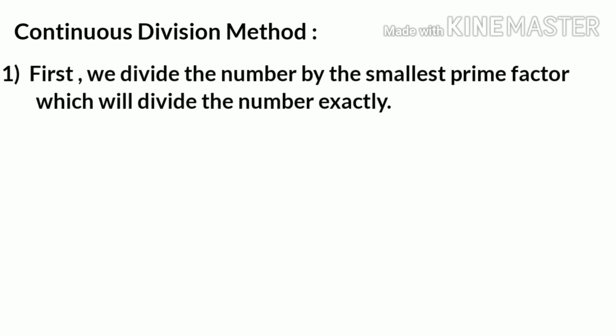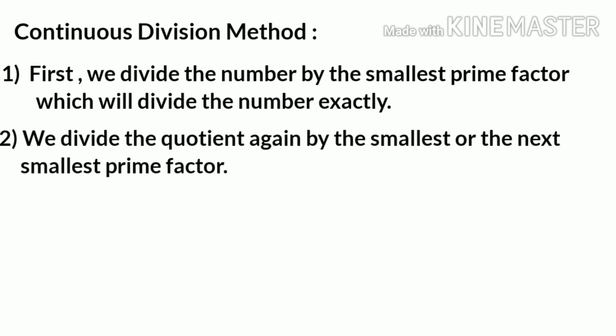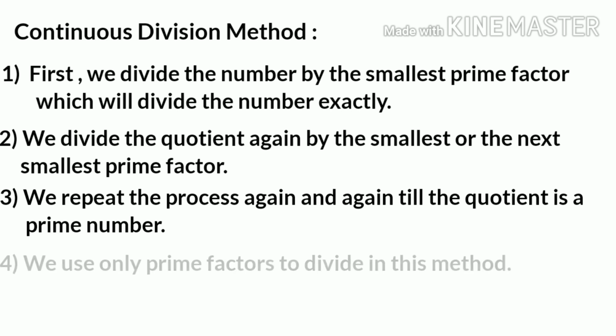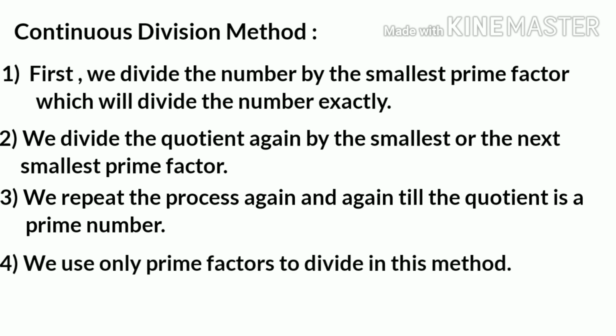First, we divide the number by the smallest prime factor which will divide the number exactly. In the second step, we divide the quotient again by the smallest or the next smallest prime factor. We repeat the process again and again till the quotient is a prime number. And the point to remember is, we use only prime factors to divide in this method.